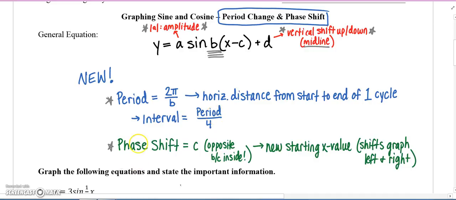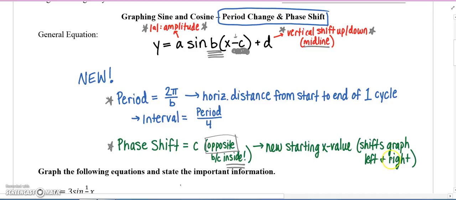The second new piece is our phase shift. The phase shift is this C value right here that I'm underlining weirdly. See the minus sign? That means we have to do the opposite. So keep that in mind. And that should make sense because it's inside, right? Remember last semester? Inside means you do the opposite.